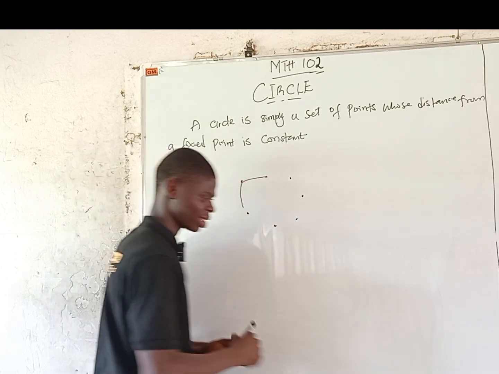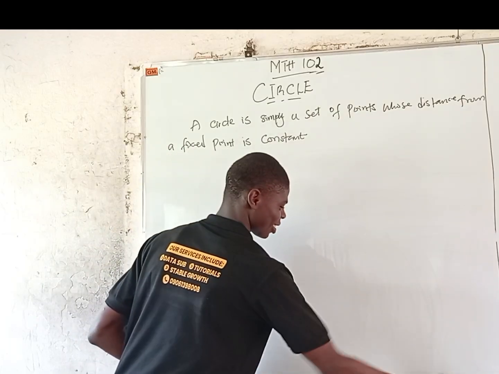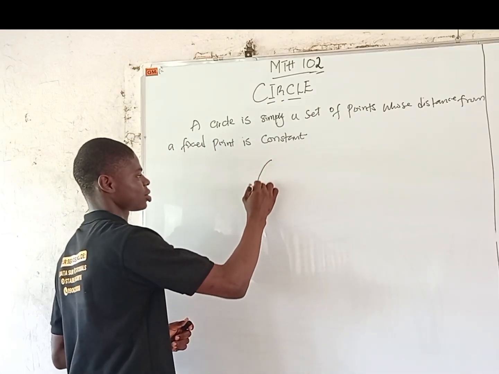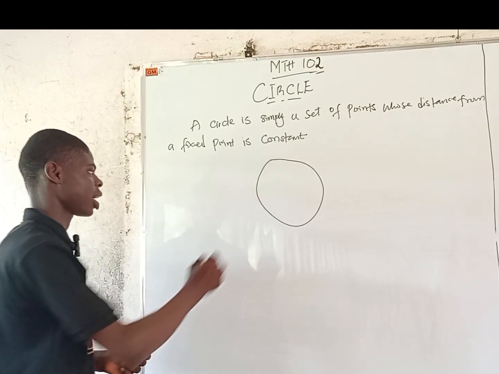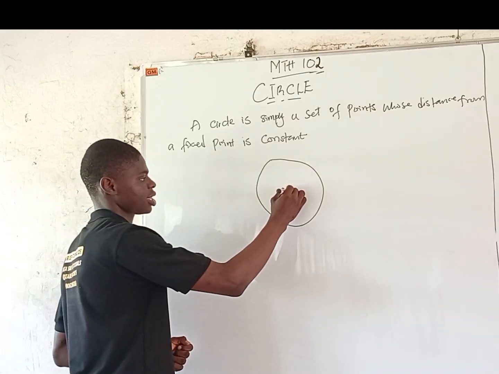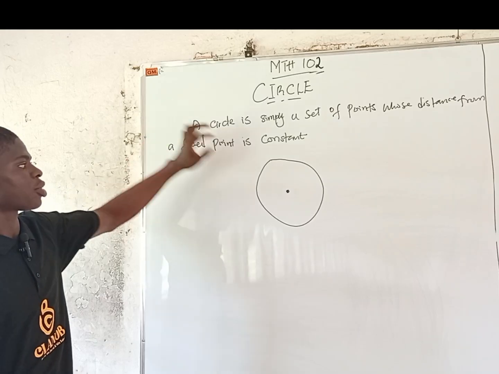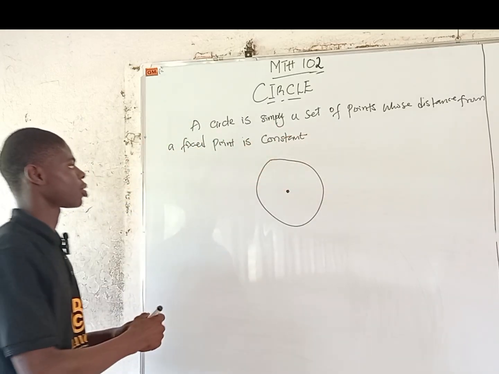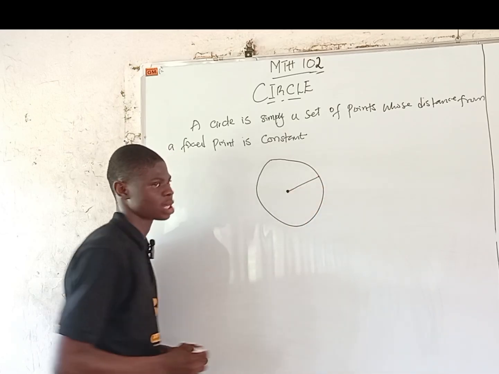Let's see how to get a proper cycle. Let's say this is a cycle joining several points. So we have the center here, and we're told that it's simply a set of points whose distance from this fixed point is constant.